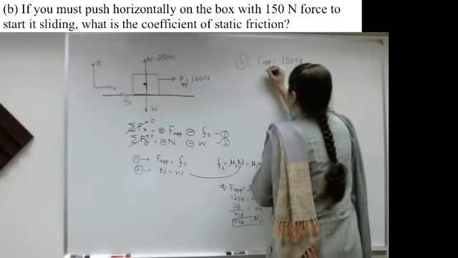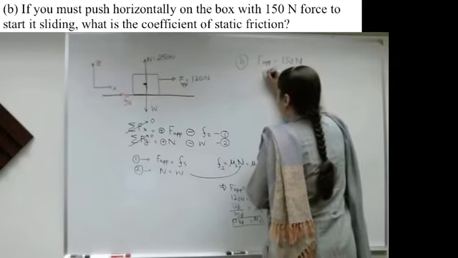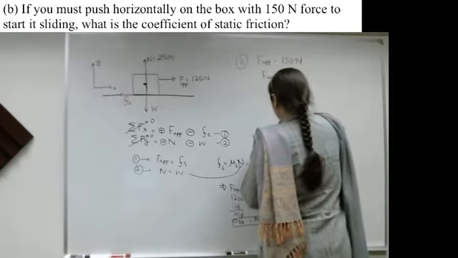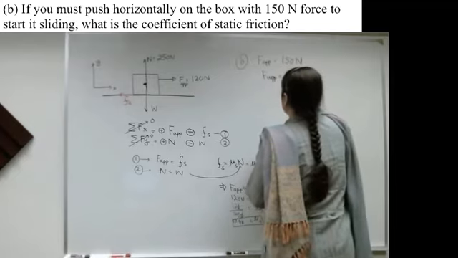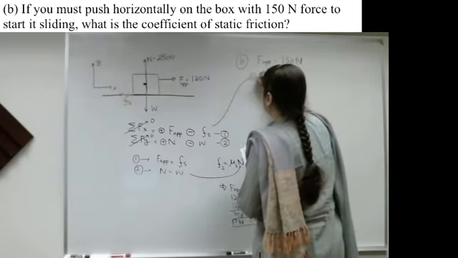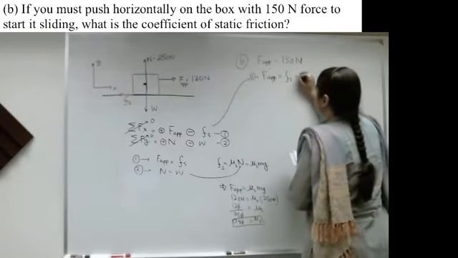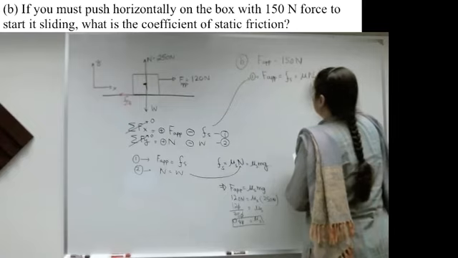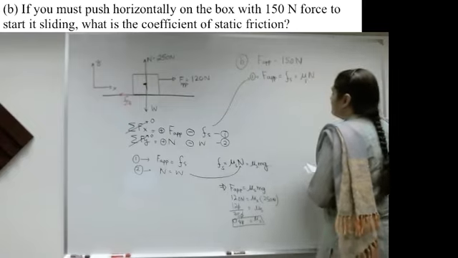So basically you're pushing, F applied is equal to F of S, which I get from equation 1, right? Which means this is equal to mu N, and now this is going to be my static friction.